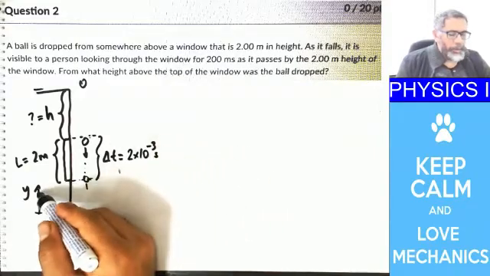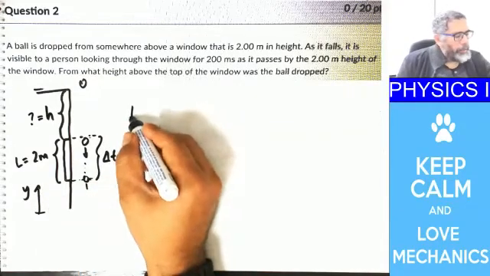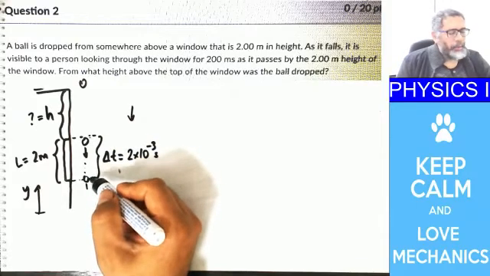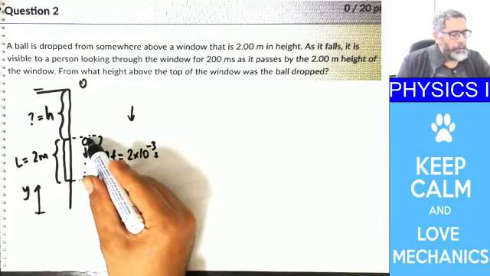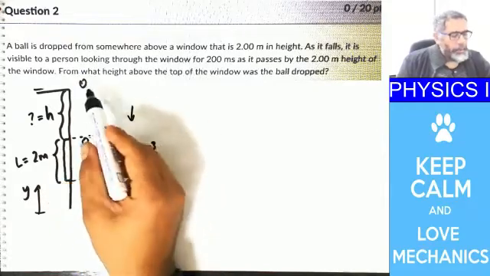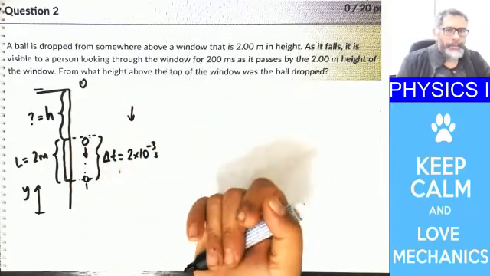If you choose the coordinate system like this, what type of motion does the ball have, not only as it passes by the window, but for the whole of its motion? It is an accelerated motion, right?